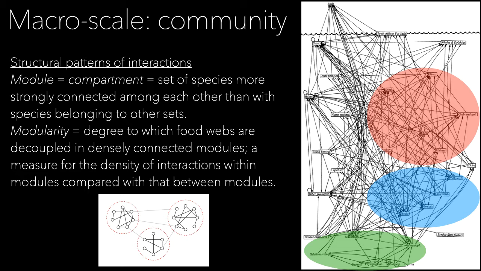So modularity is then defined as the degree to which food webs are decoupled in densely connected modules. The higher the modularity, the higher the organization of the food web in these compartments.